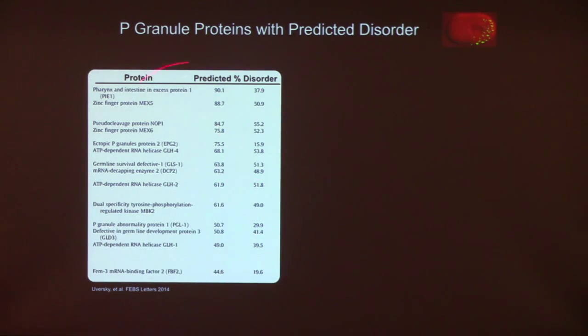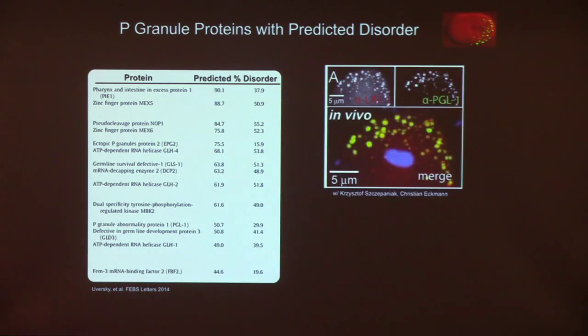People have done bioinformatic analysis of proteins that are predicted to be disordered. Here are some examples among the germline P granule components I've told you about that have regions of predicted disorder. There's one that's not on this list that we became interested in. It's called LAF1, which stands for lethal and feminizing. That should imply that this is an important protein, because it's involved in sex determination, and more importantly, you basically die if you don't have it.